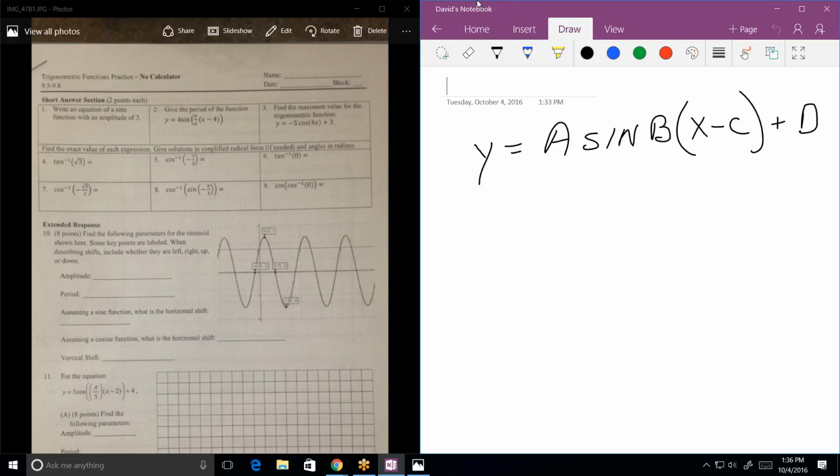But just because it's called a sinusoidal function doesn't mean it's sine only. When I write it, this can be sine or cosine. The key important thing in this general formula is whether your B is on the outside of the parentheses or on the inside, because it makes quite a bit of difference on how you graph it. Okay.